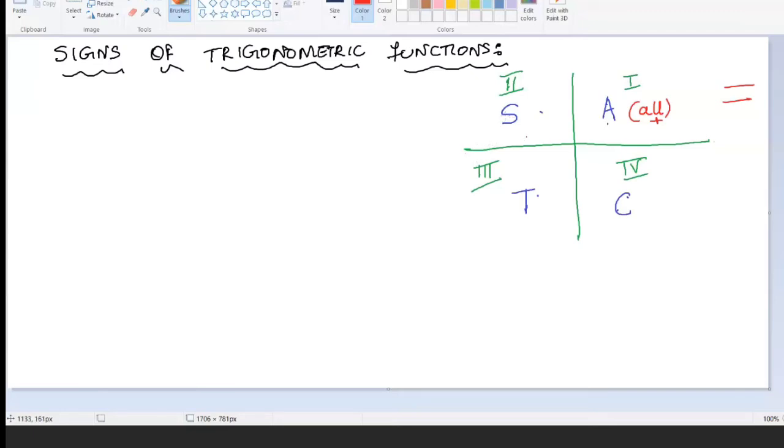Second one here we have S, and who is positive here? Sine and its reciprocal. Just now we learnt about the reciprocal. So write in brackets: sine and its reciprocal cosecant are positive. Next, T, all-time favorite: tan and its reciprocal cot are positive.